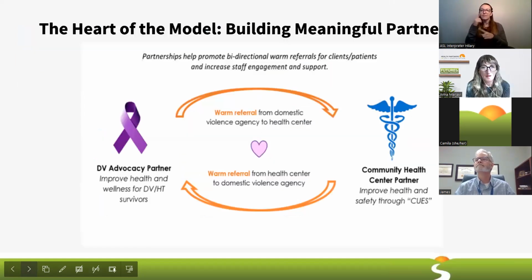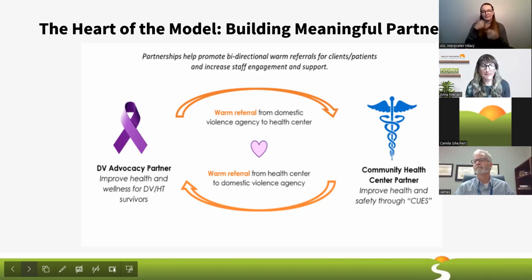So the heart of our model is building these partnerships between domestic violence programs and community health centers. On the advocacy side, we want to increase survivor and staff access to health services and inform advocates about what health centers offer, including opportunities to enroll clients year-round.